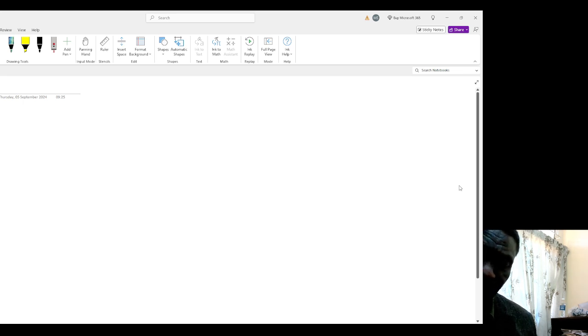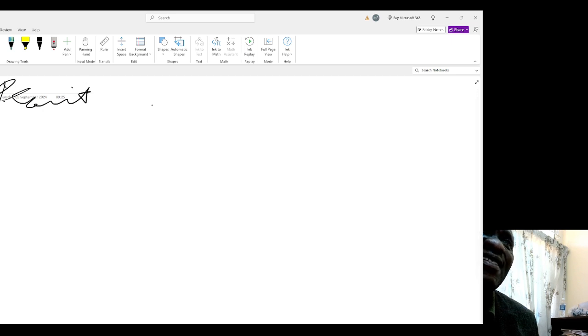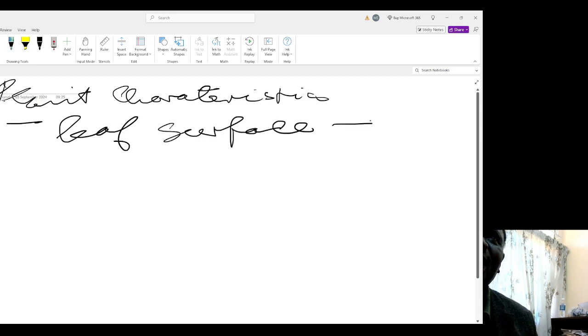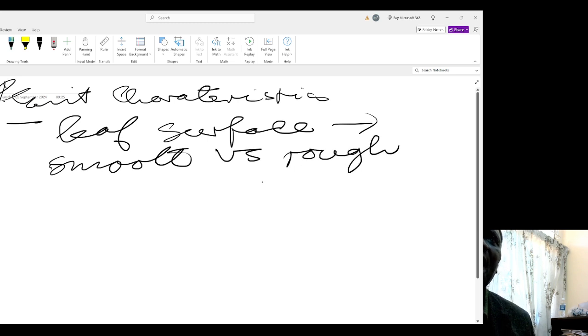Still on plant characteristics, leaf surface is important. Is it smooth versus rough? Smooth surface will lose droplets, whereas the rough surface will retain droplets.